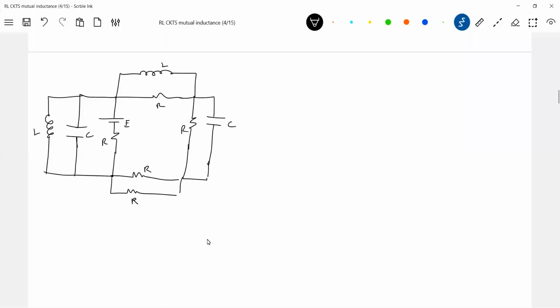Find the current through the cell at t equals 0 and at t equal to infinity.